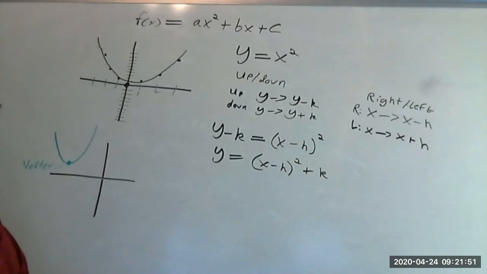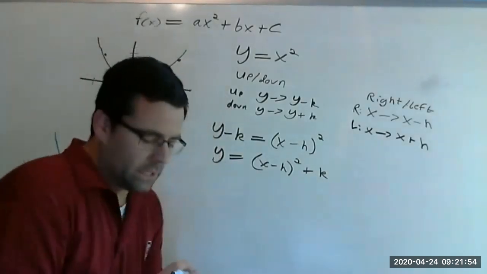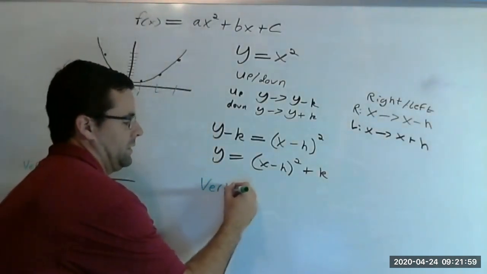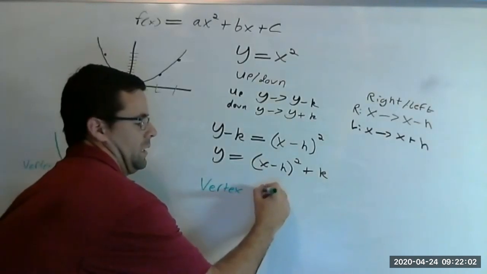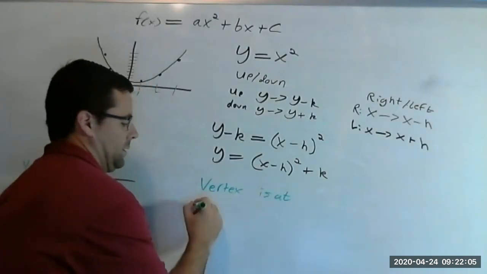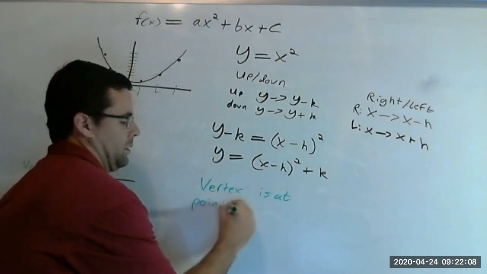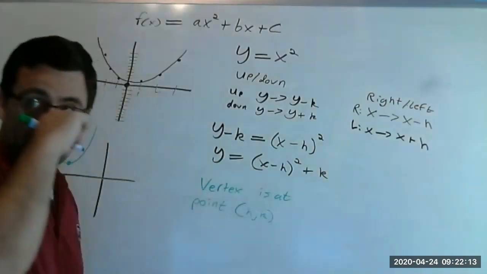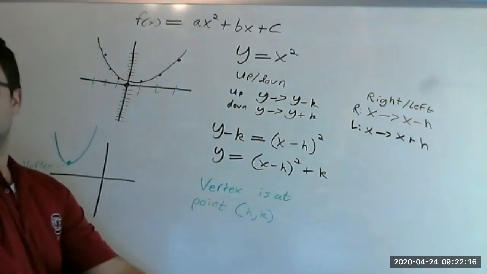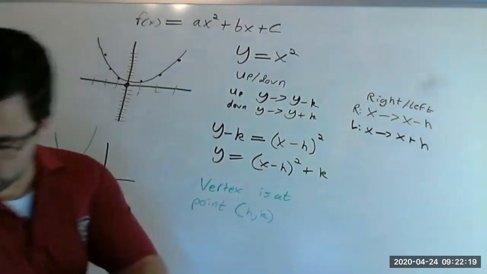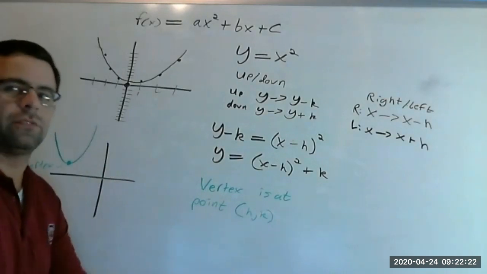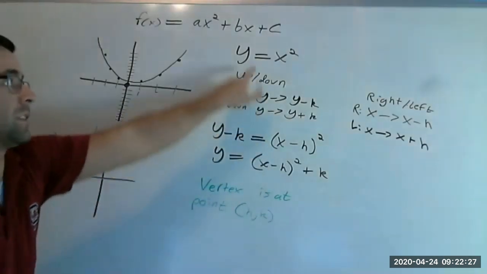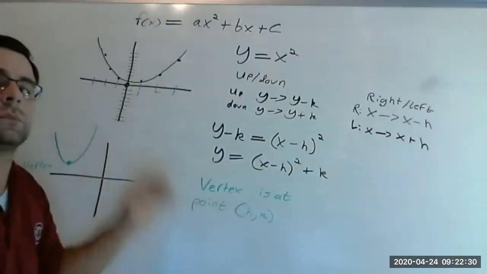And this is sometimes called the vertex form because the vertex is at the point (h, k). This should kind of feel right, because this is this graph, but shifted around.